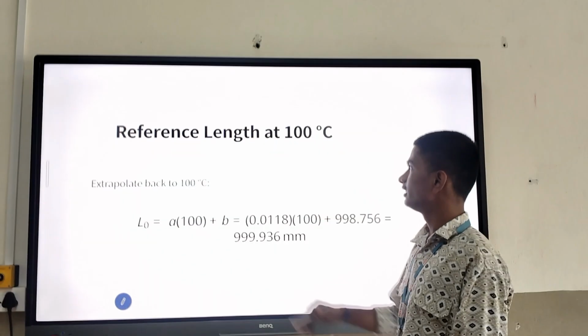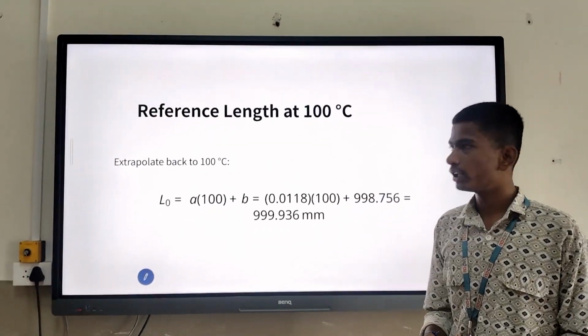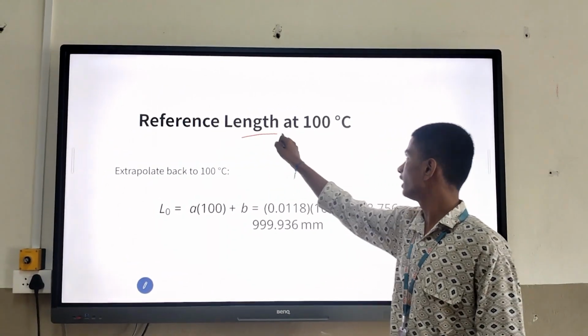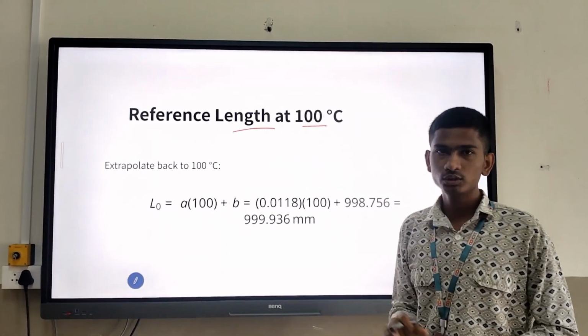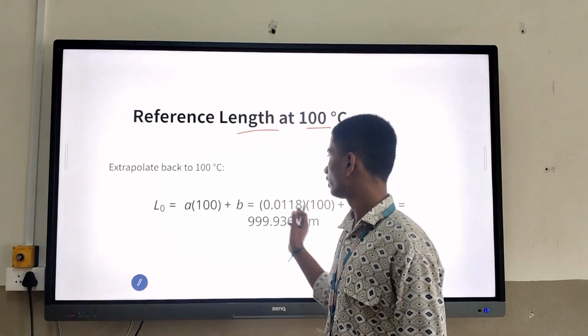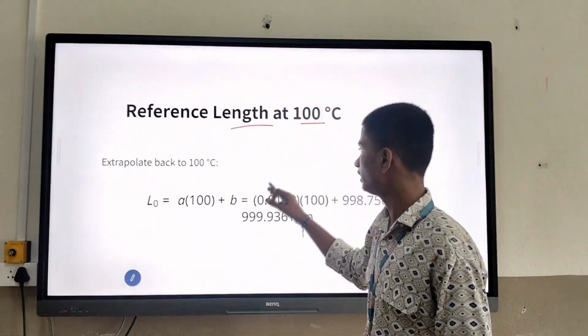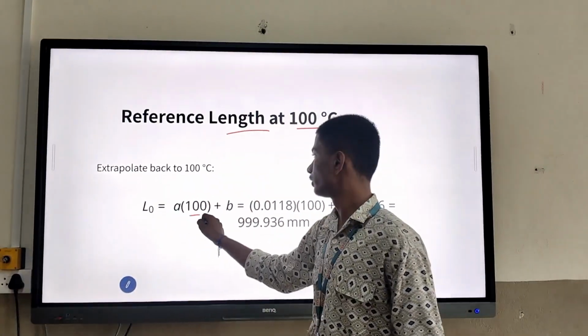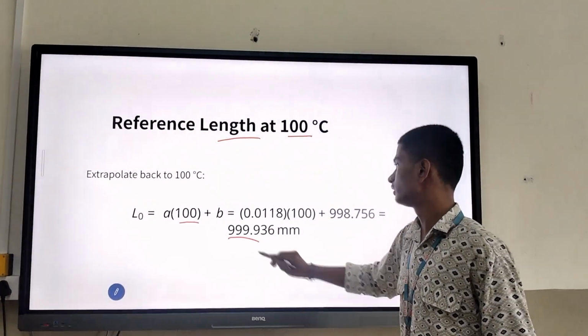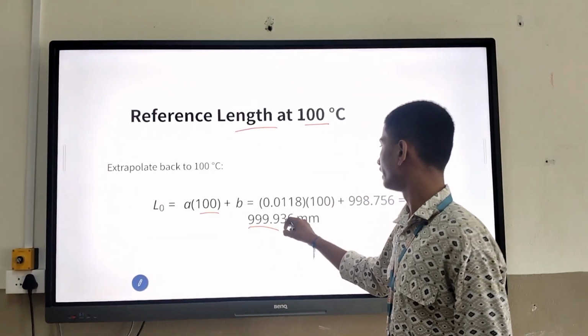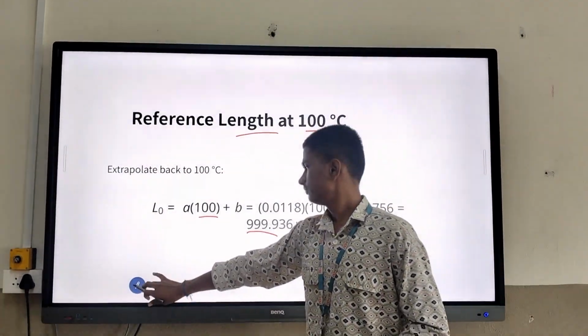We have to calculate the coefficient of expansion. For that, first we have to calculate the reference length at 100 degrees Celsius, that is the original length. For calculating the reference length, we put this value in our regression equation, and the reference length is 999.936 mm.